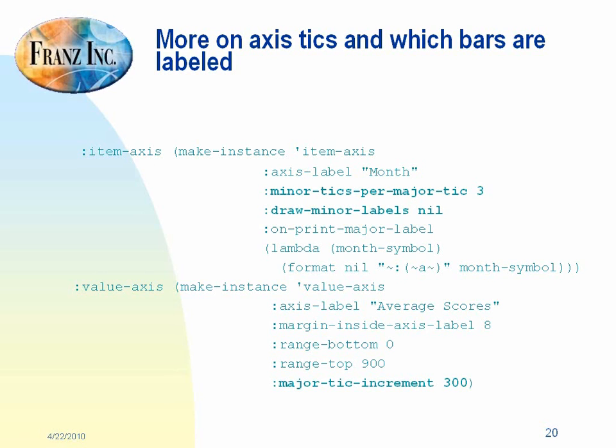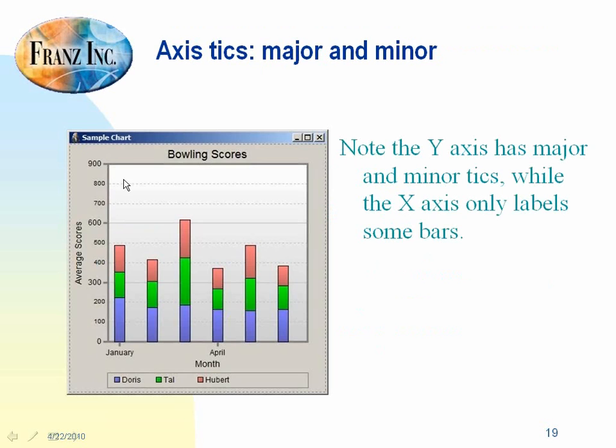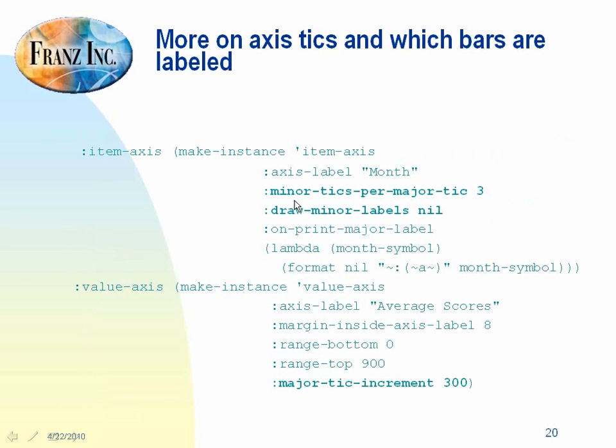And if we look at the arguments in the sources for this, and that's one of the examples in the chart view documentation or the chart widget documentation, we see here's the item axis, and the label is month, and that's what it says over here, month. And then it says there's an argument minor ticks per major tick 3 and draw minor labels nil.